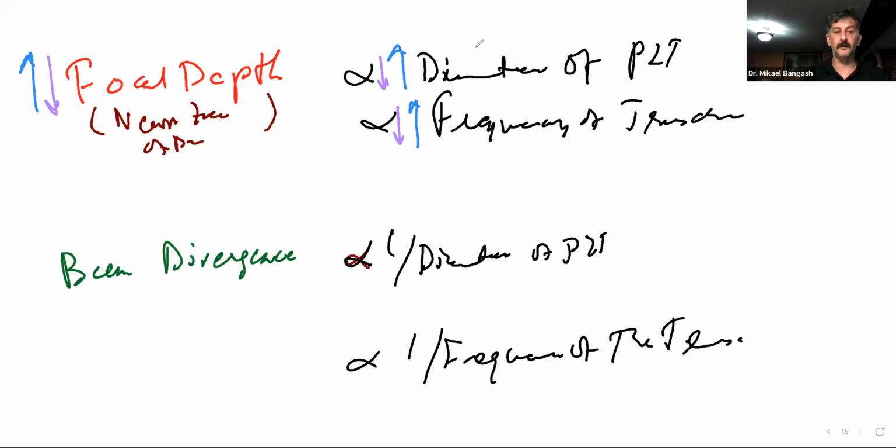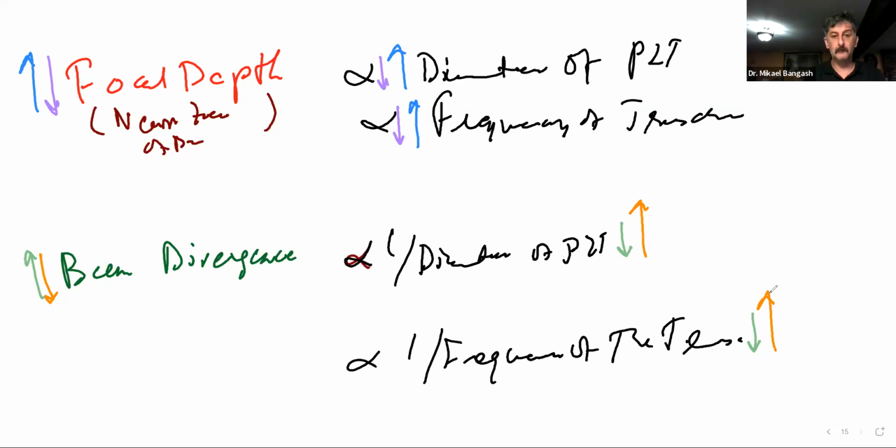So what does it mean to be inversely proportional? If divergence increases, that is because either of these two, or both, are low: low frequency or small PCT, and vice versa. The divergence of the beam may be low if the size of the PCT is big or the frequency of the transducer is high.